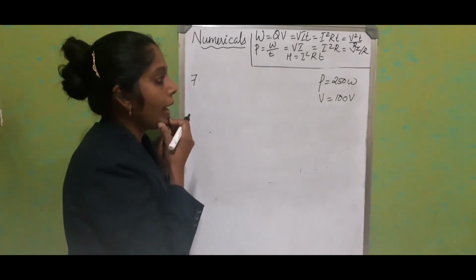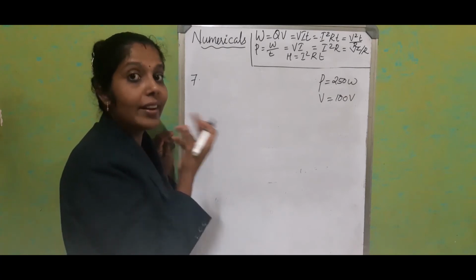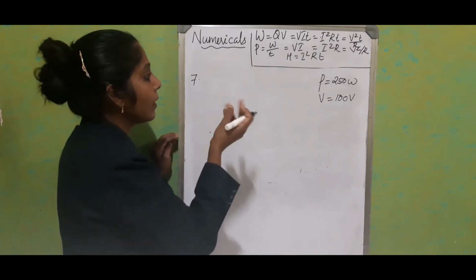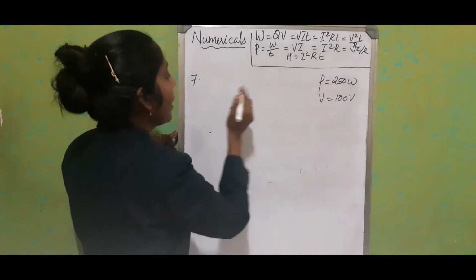If we want to find out the current passing through the circuit, we should know the resistance of each heater. So first we'll find out the resistance. Which equation can we use?